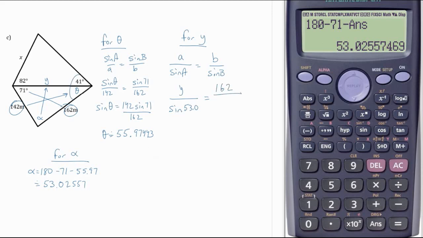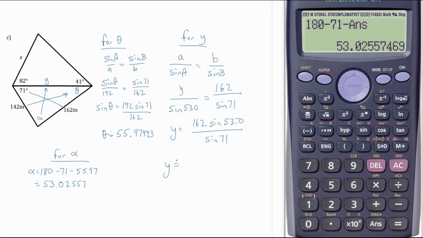I'm not going to use that theta. I'm going to use 71 and 162. So 162 over sine 71. y equals 162 times sine of 53.0 over sine 71.